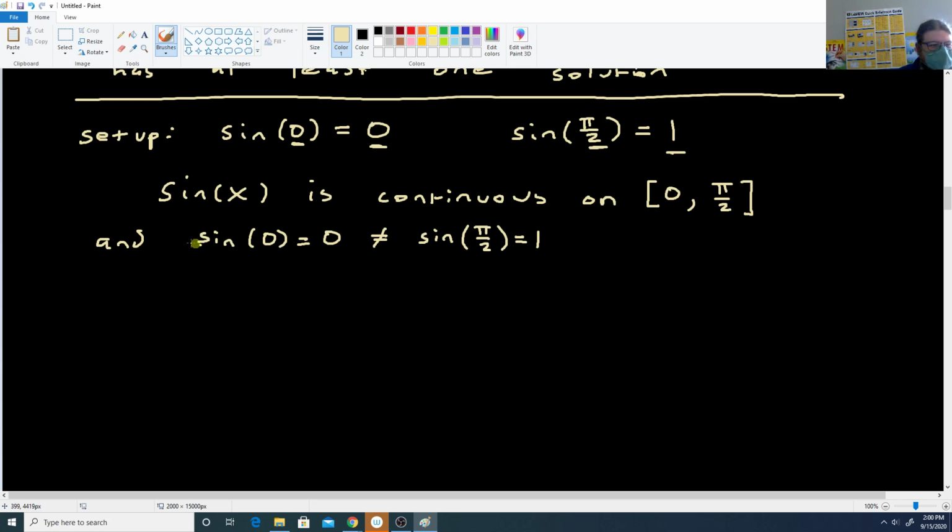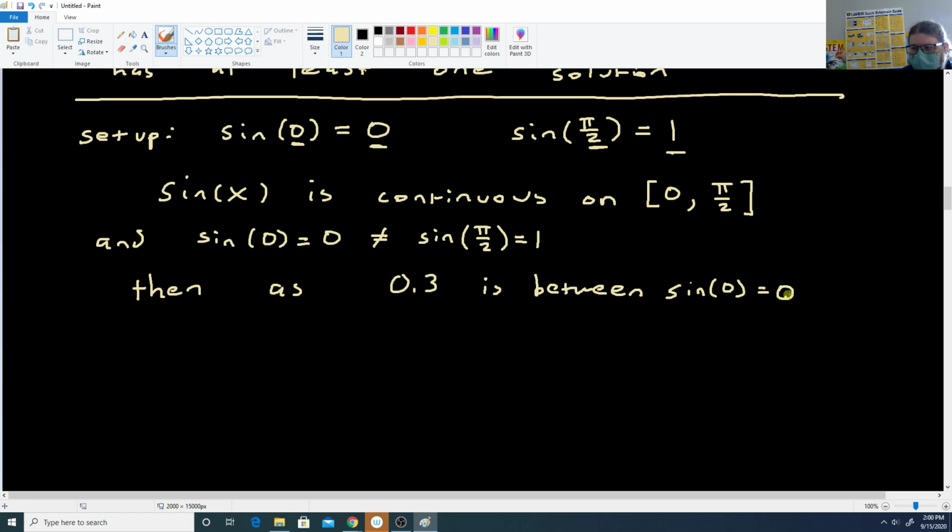So we'll say then, as 0.3 is between sine of 0, which equals 0, and I just want to make it clear what the y value is, and sine of pi over 2, which equals 1.